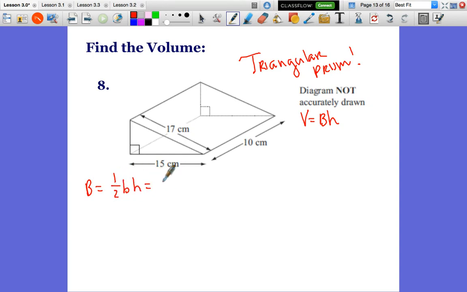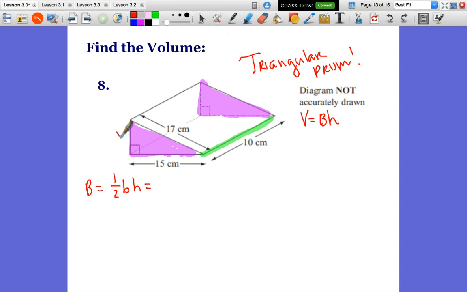Remember, base and height have to be perpendicular. So here's my base. Ooh, here's also my base. And then this right here, this is my height because that's the distance between my bases.